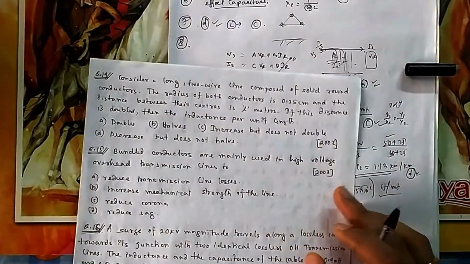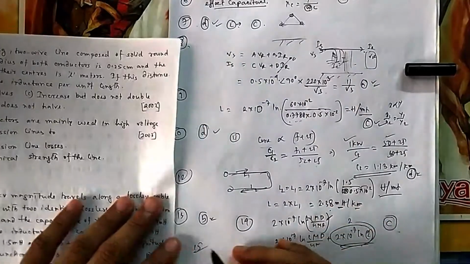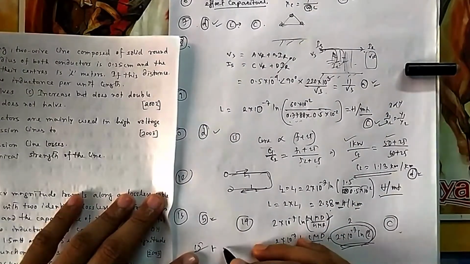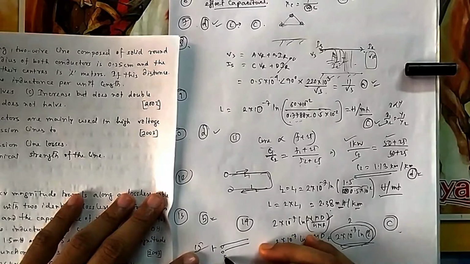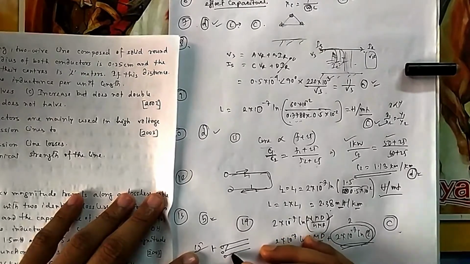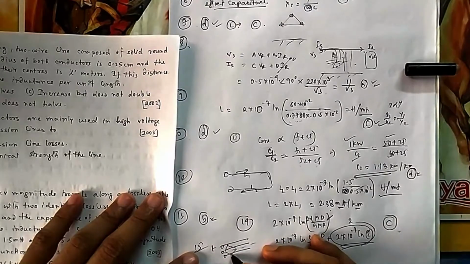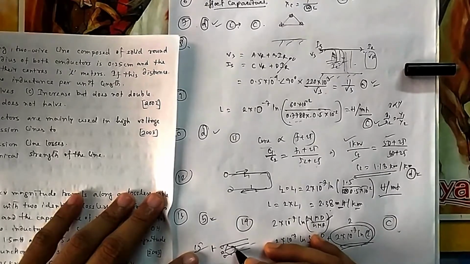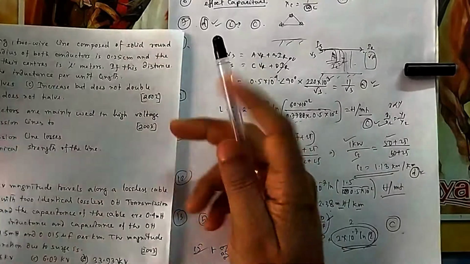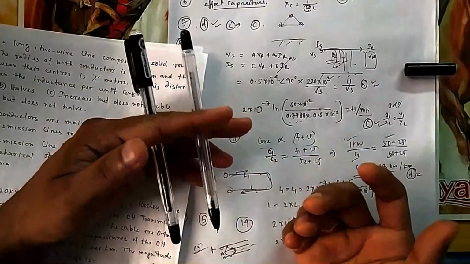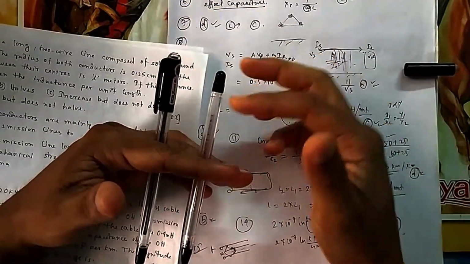Bundle conductors are mainly used for high voltage overhead transmission lines. I think you have seen bundle conductors. Suppose a single phase, the R phase. In one phase only there will be 3 or 4 wires. Suppose there are 4 wires, all interconnected, forming like a box. Suppose there are 2 conductors in a single phase, both at R phase.